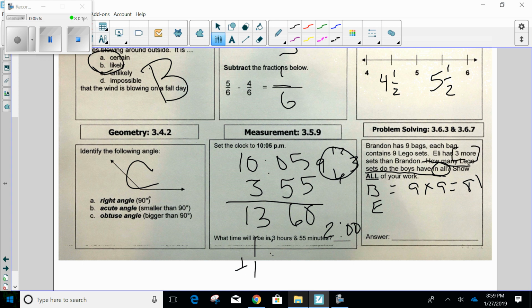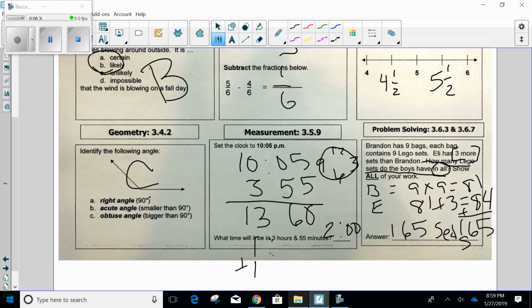Well, if Brandon has 81, that would mean that Eli has 81 plus 3. So he has 84. Are we done? No. Now we have to figure out how many they have in all. So we're going to add. So 1 plus 4 is 5. 8 plus 8 is 16. So it's 165 sets in all. Okay?